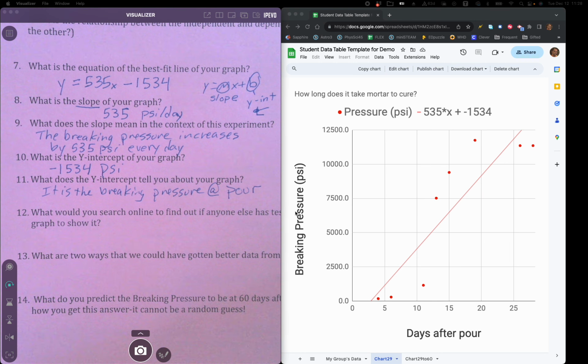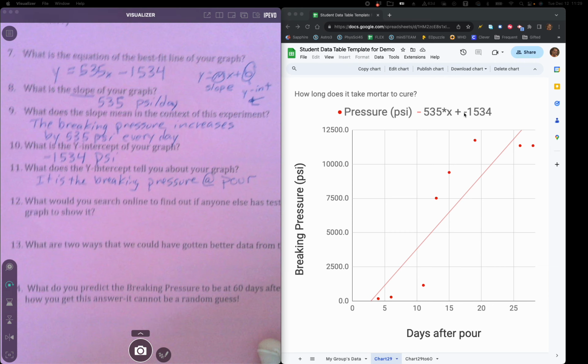The very first day. Now, to be fair, that doesn't really make a lot of sense for 2 reasons. Number 1, you can't really have a negative pressure on this thing if you're pushing down on it. That's just not a thing. Also, you can't really break the concrete or the mortar right after it's poured because it's still goopy and everything, right? So it doesn't make sense, but it will actually tell us a little bit about the math if you've got even better data than what I have.